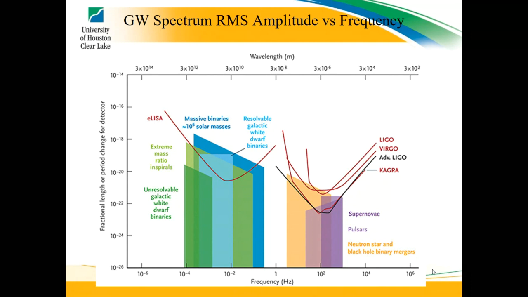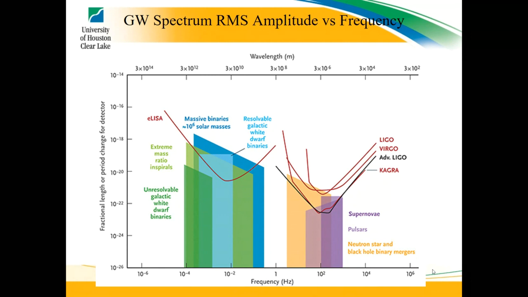And then these are the expected, how accurate they need to be in order to see different sources. Like the binary black holes and binary neutron stars, pretty much all of them can see. But then if you get more accurate, you can actually see pulsars, you can see supernova, other sources.